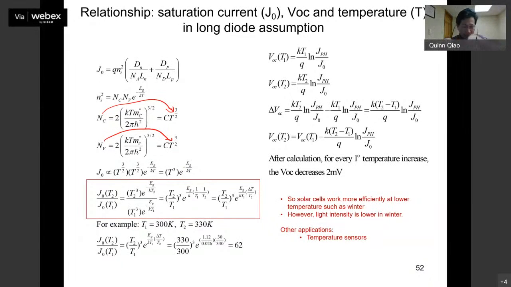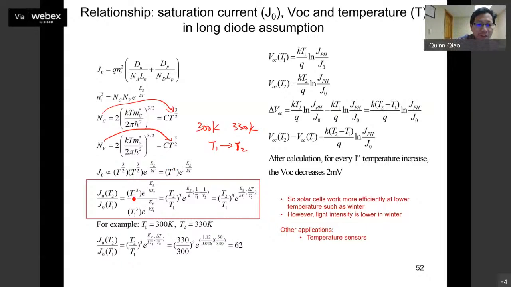That's it. So with that, if I have two temperatures, right? I have temperature 1 and temperature 2. You can see my temperature 2 will be higher. For example, this can be 330 Kelvin, and that's 300 Kelvin, okay? All the temperatures here, we use Kelvin.